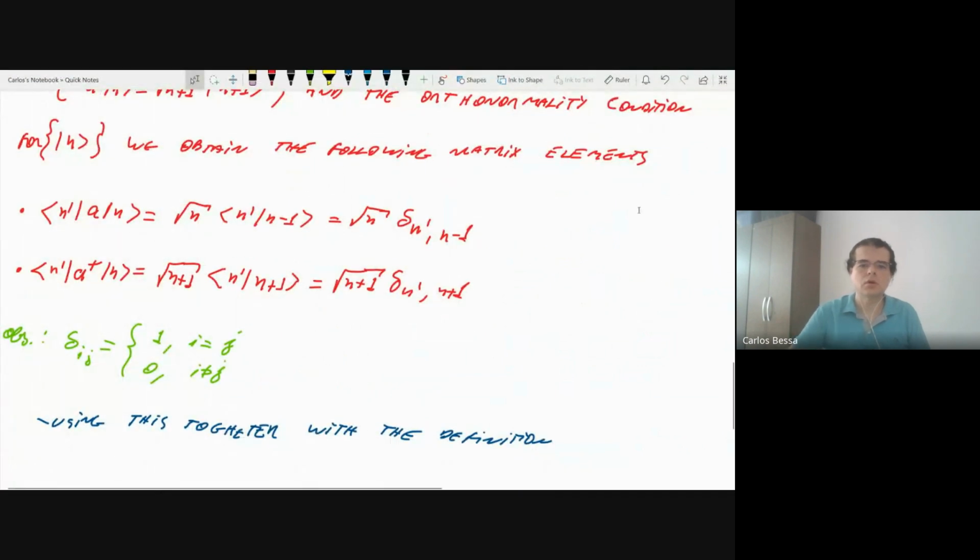And the diagonal is 0, right? Because here, let's say delta n prime, if n prime is 1, and n is 1, so this would be 1, 0.